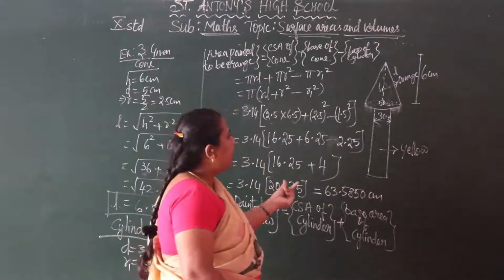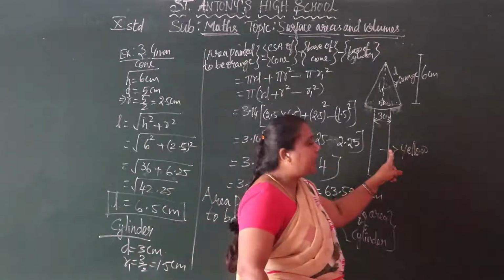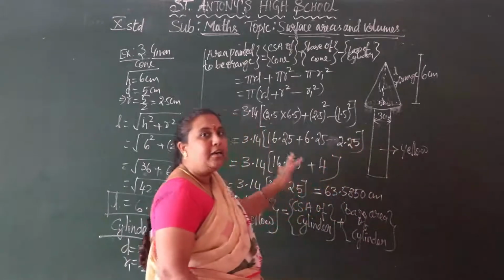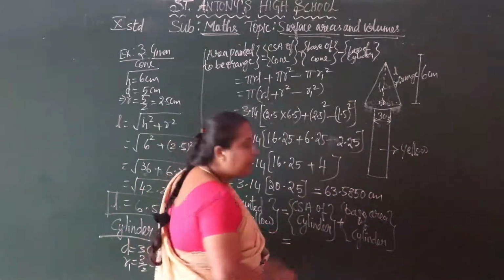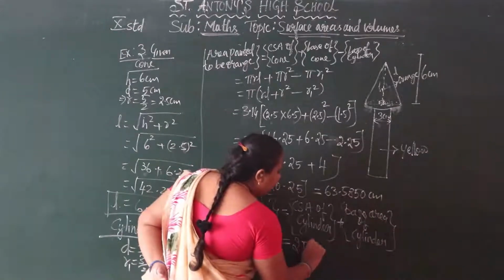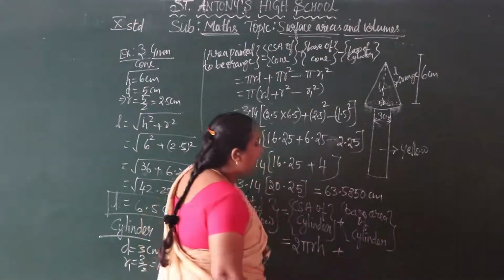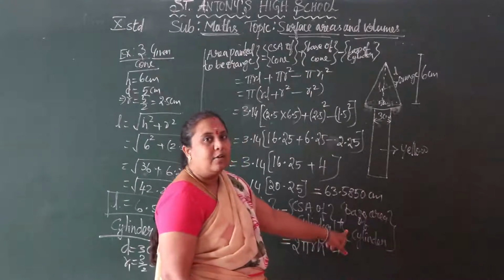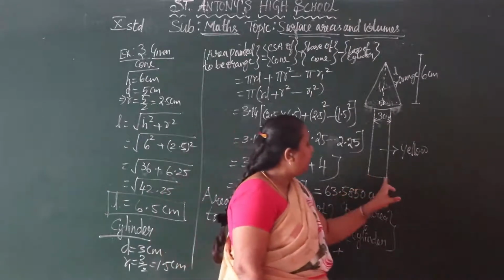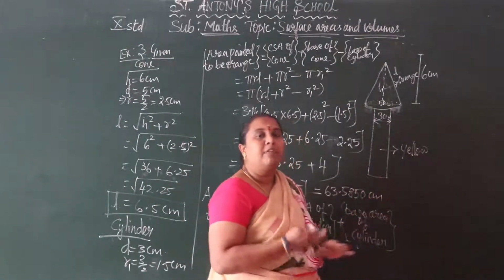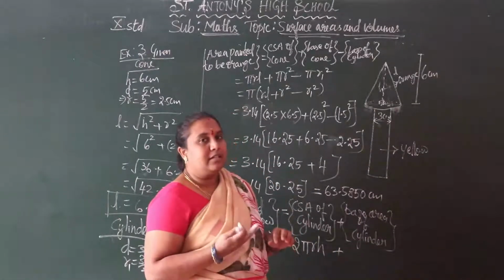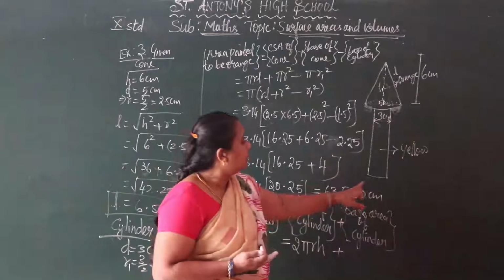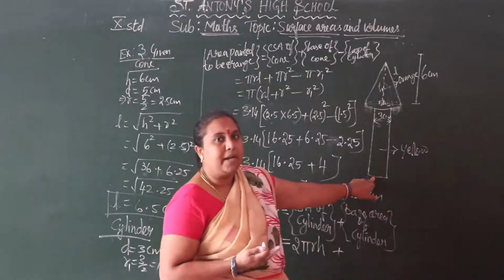So what is the formula for the CSA of a cylinder? 2 pi rh. So 2 pi rh plus the base area of the cylinder. The base area is a flat circular surface, and the formula for the area of a circular surface is pi r square.